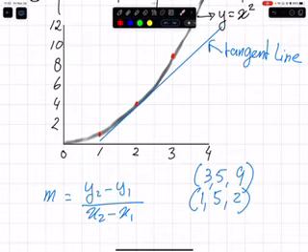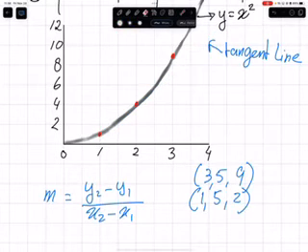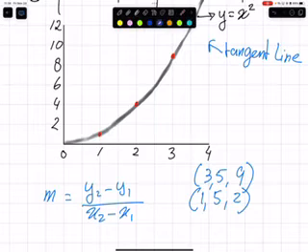So, to go at it one more time, if the line at x equals 2 is like this, your tangent line has to also be in the same direction.